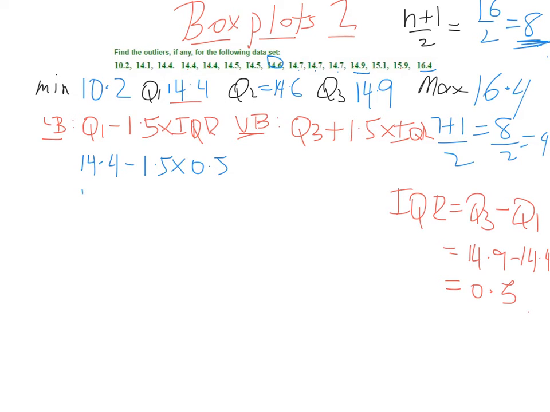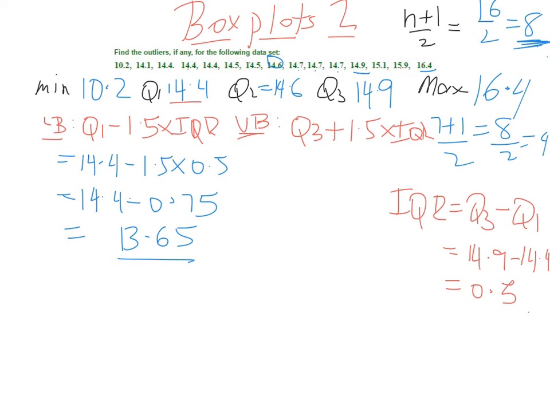So we've got 14.4 minus 0.75, which is 13.65. So 13.65 is our lower boundary.